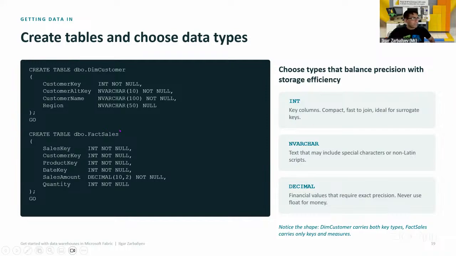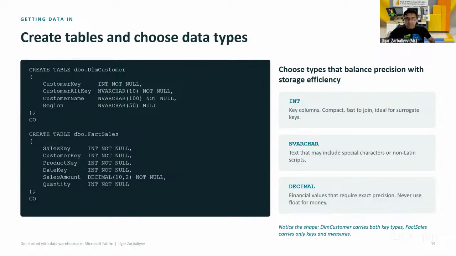Then the fact table. Note what it contains and what it does not. SalesKey identifies the row. CustomerKey, ProductKey, and DateKey are foreign keys out to the dimensions. Sales amount and quantity are the measures. There is no customer name here, no product description, no month name.